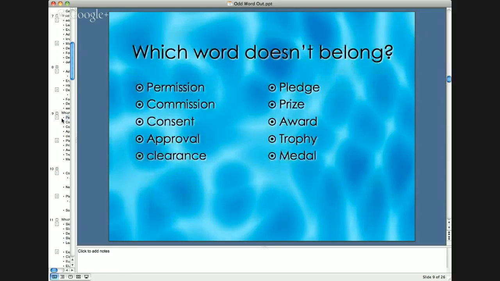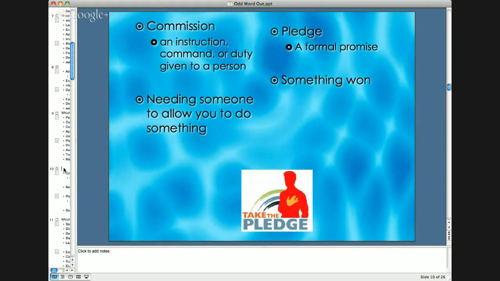Permission, commission, consent, approval, clearance. And the answer is commission.